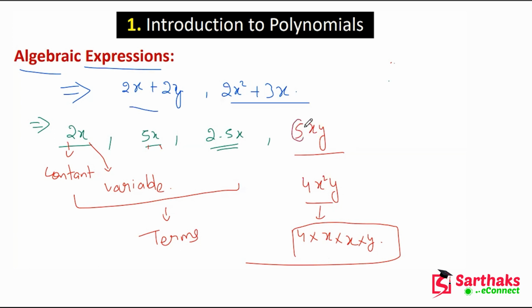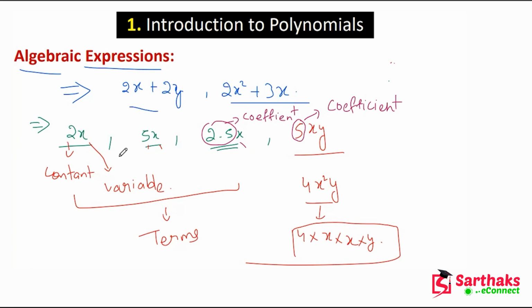Like 5 is termed as a coefficient, 2.5 is also termed as a coefficient, and here we can say is the variable. So the coefficient is always written with the variables.